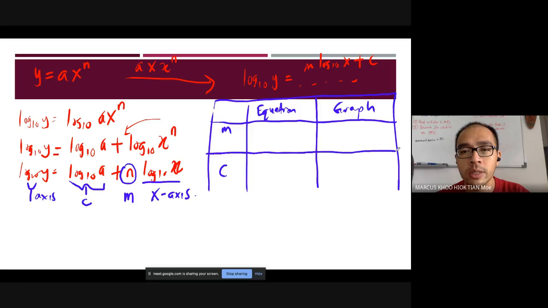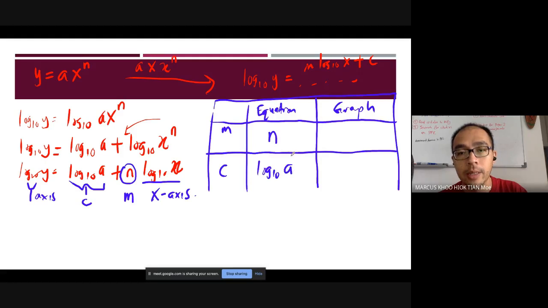And I realized that, oh, senang pula ini, I hope this helps. So from the equation, m is n, represented by the letter n, and our y-intercept is represented by the letter c, which is log 10a.